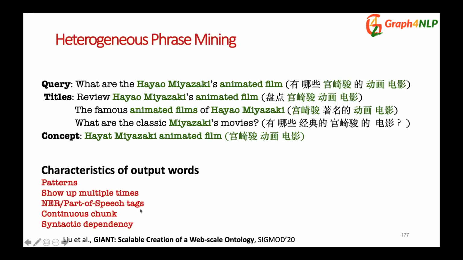For example, most of them will be named entities instead of stop words. And most of the time, there will be a continuous chunk. Sometimes you will have some stop words within this phrase, but most of the time they are just continuous. And finally, the syntactic dependency will be similar in different queries and titles, even though the context words are different.